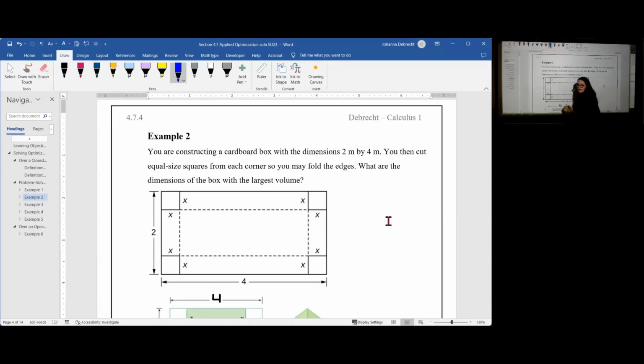Now that you understand the situation a little better with the help of a visual, let's take a look at the graph and the picture. We're going to go back and break apart the words and start labeling our picture. We actually have several pictures to help us. You are constructing a rectangular box with the dimensions 2 meters by 4 meters.